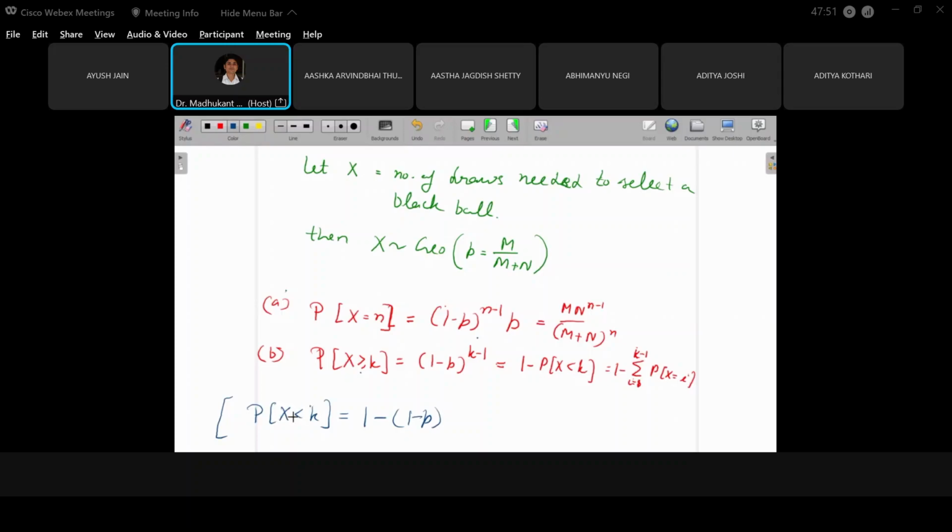If it's less than k, it's a discrete one, so less than or equal to k minus 1. So 1 minus p to the power k minus 1. That's what, right? That you can show by following the geometric series.